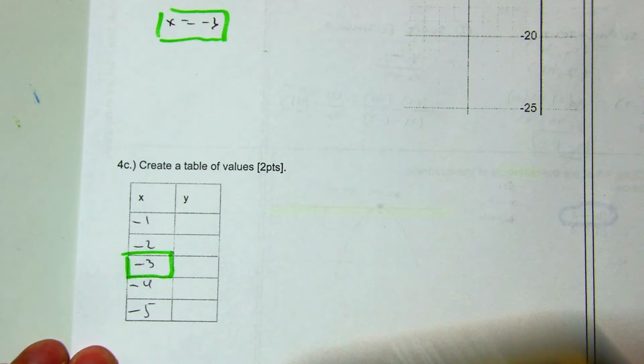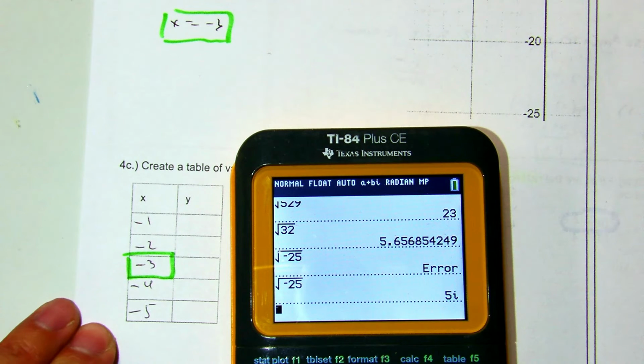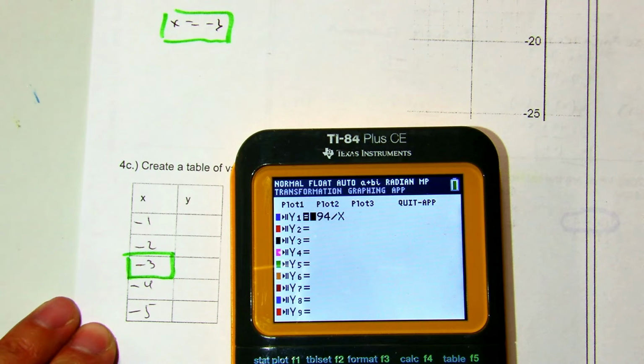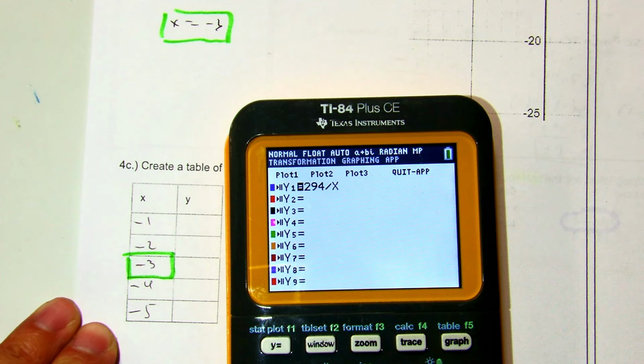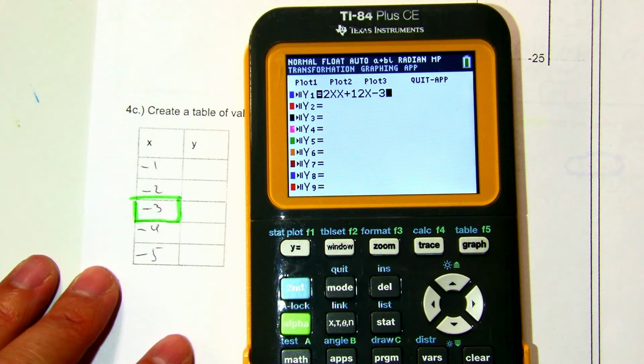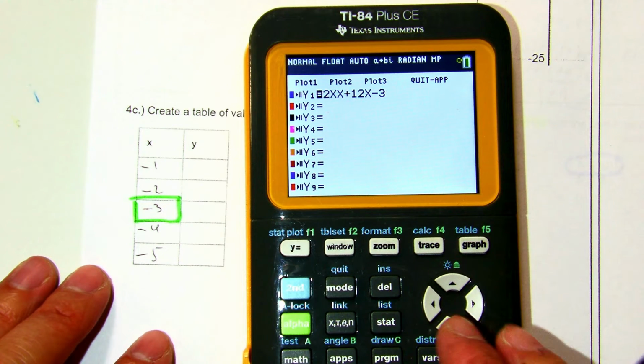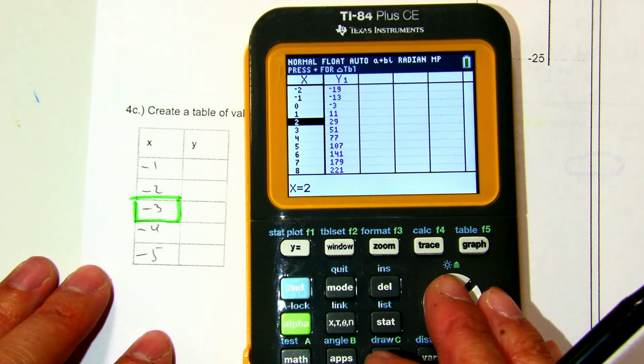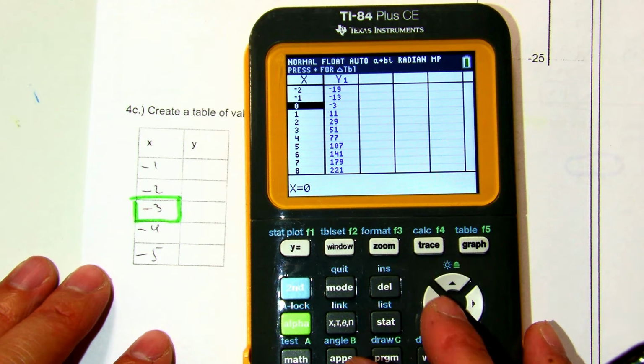You can put that into Desmos. I have a calculator here. So I'm going to go y equals, clear it, 2x squared plus 12x minus 3. I'm going to go to my table and look for -1.